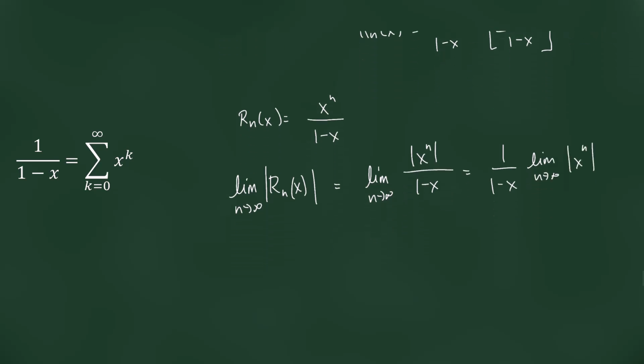But we have to remember here that we're on the interval -1 to 1. The absolute value of x is less than 1, which means as I raise x to bigger and bigger powers, that limit goes to 0.